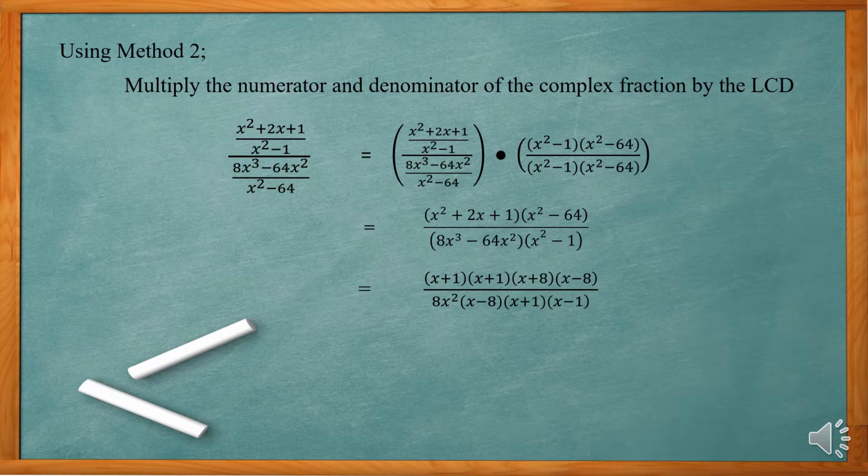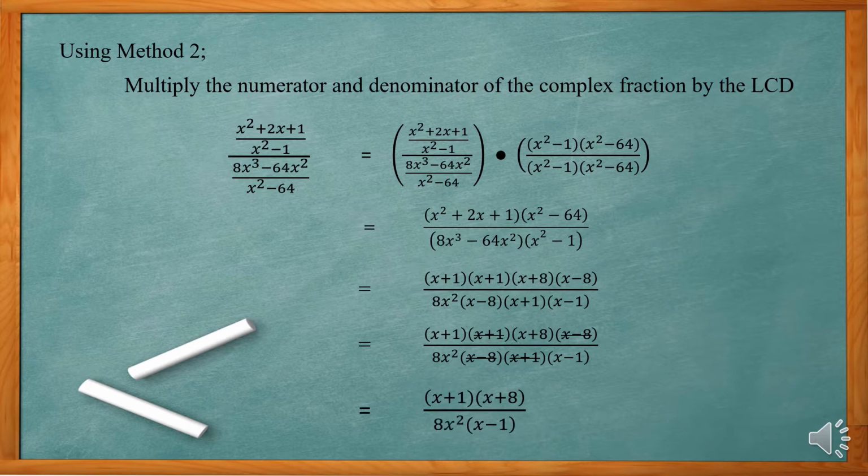So, eliminate the like factors. So then, the remaining factors would be x plus 1, x plus 8 over 8x squared multiplied by x minus 1. So is this the simplest form or not?